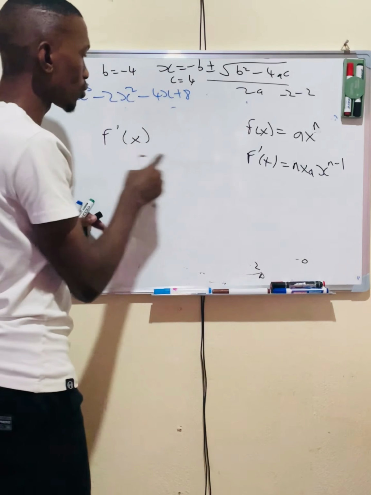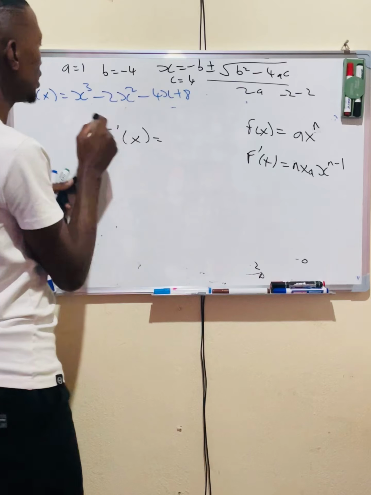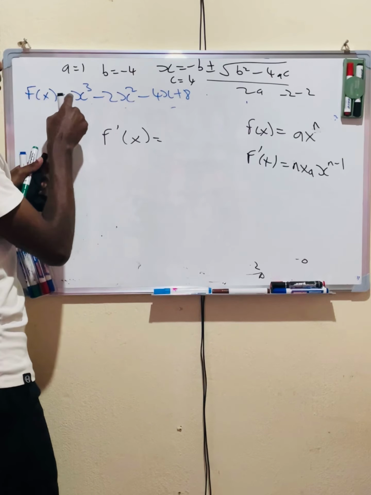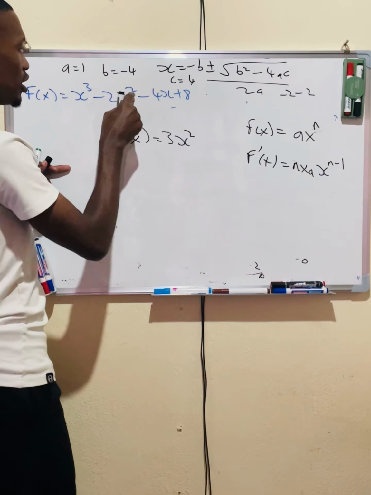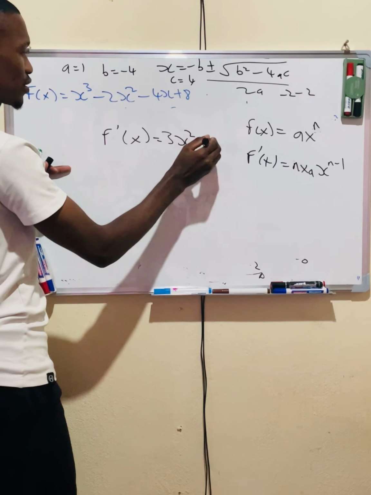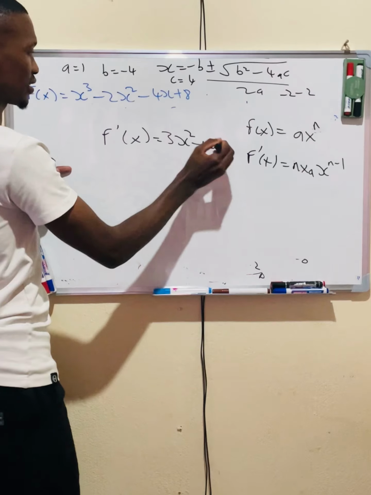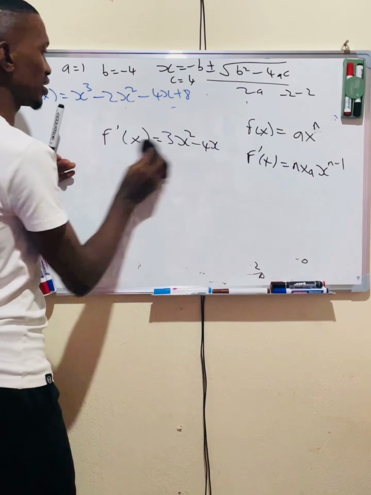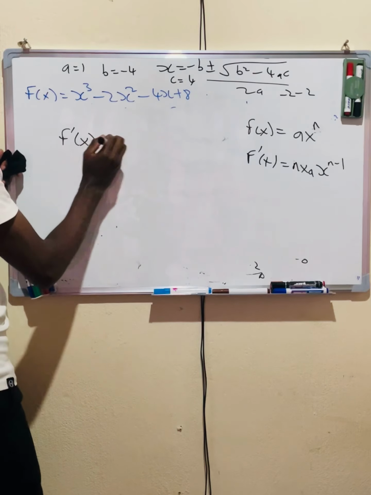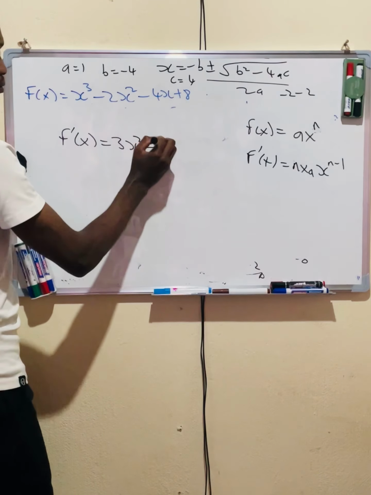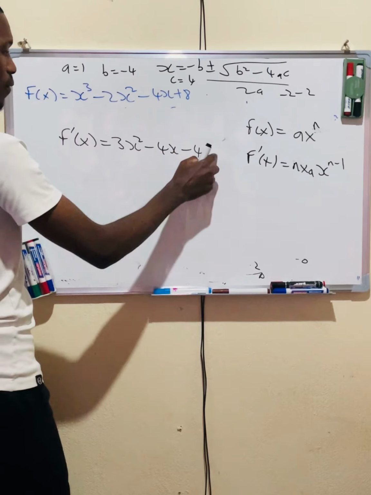So I'm going to apply this rule here. 3 times 1 is going to give me 3x squared, because 3 minus 1 is 2. 2 times negative 2 is minus 4x. Let me just write it nicely here. So it's going to be 3x squared minus 4x minus 4.